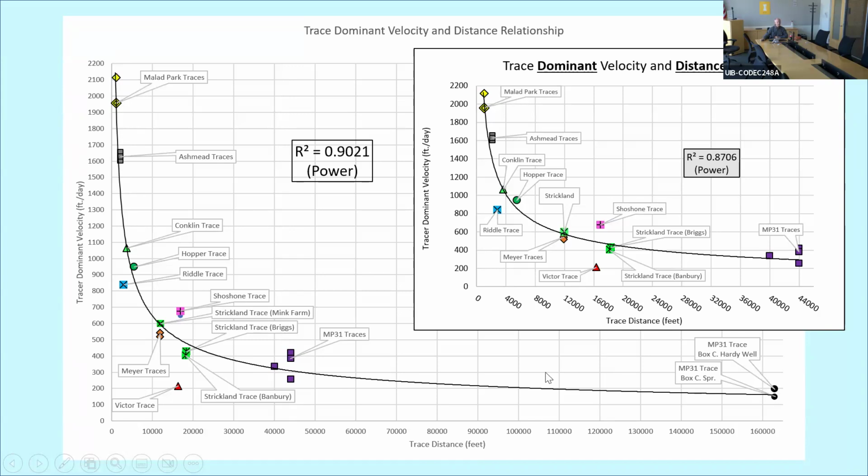Again, this is the distance versus dominant velocity of the breakthrough curve. The inset chart is truncated to only the 8-mile distance for MP31, but actually improves the R² by including it down to the Box Canyon area for the 32-mile distance.